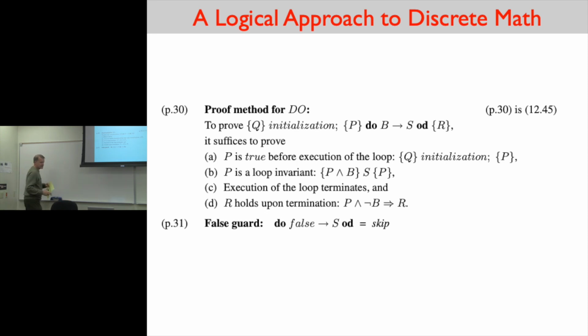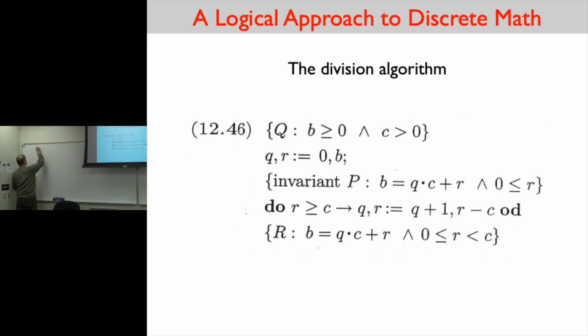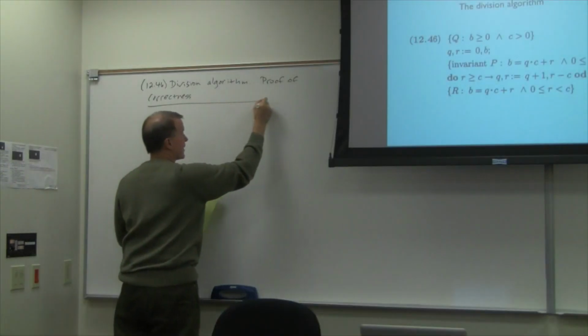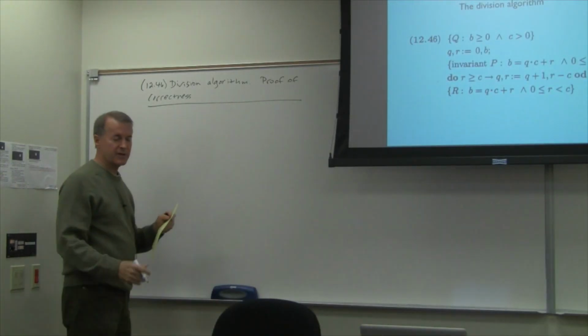Let's show this back again. Okay, so this is 12.46 in the book, division algorithm, proof of correctness. We're not deriving this time, we're proving correctness.